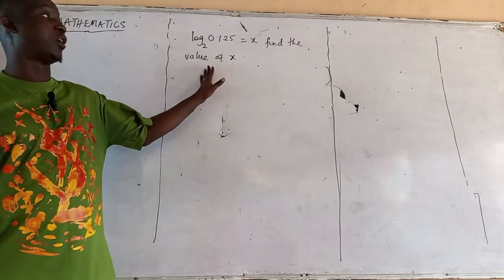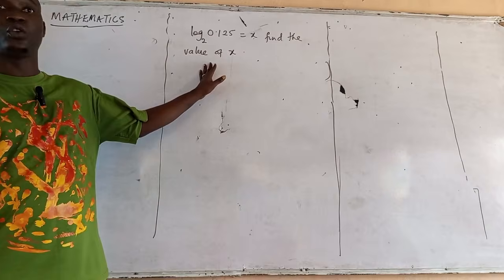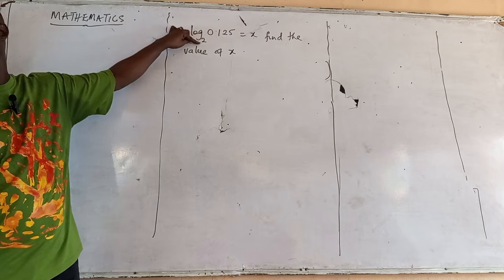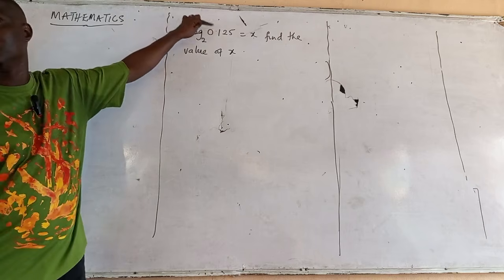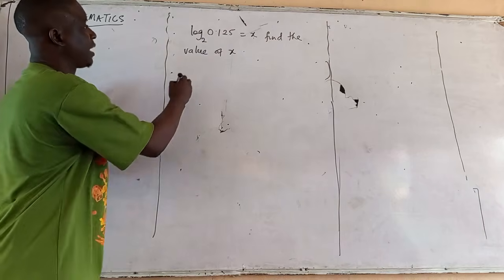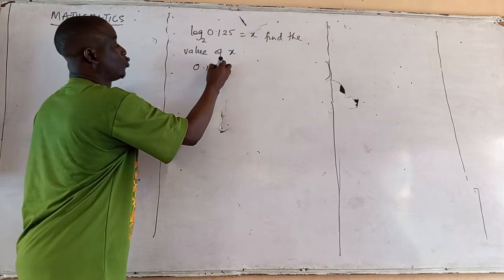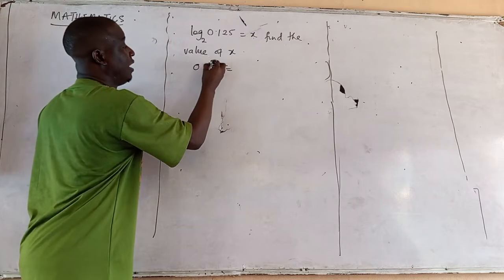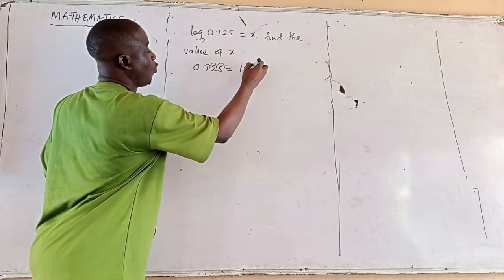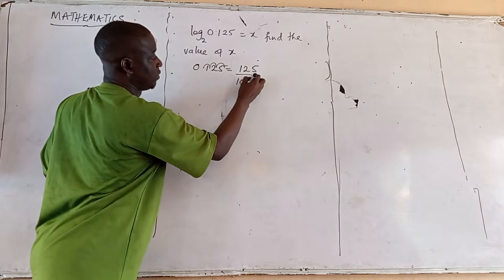Now, we want to solve this last question on logarithm. Now, looking at the question, this one is log to base 2 to the power of 0.125. And you can actually write 0.125 as 125 over 1000.